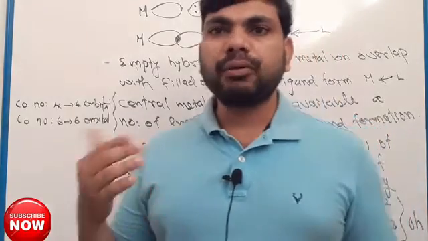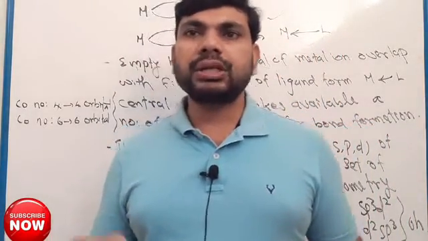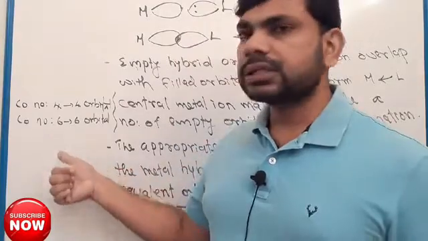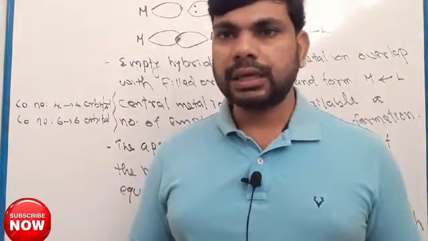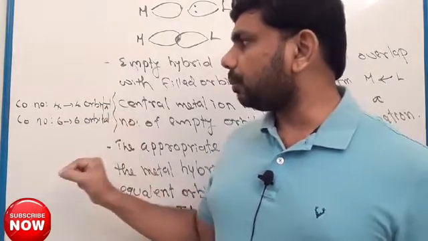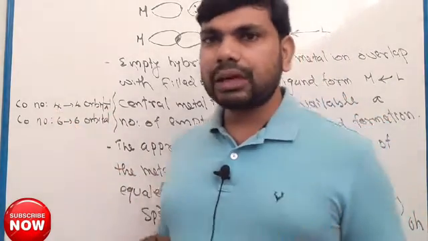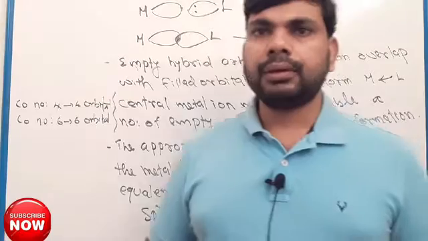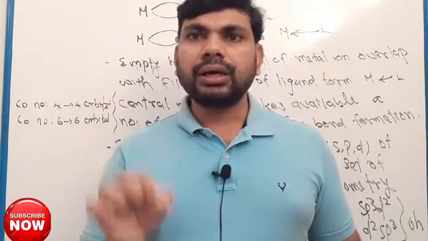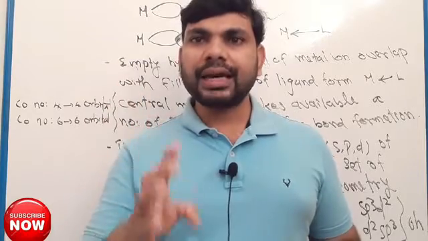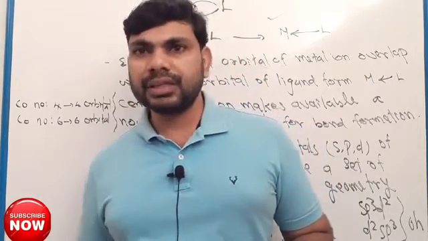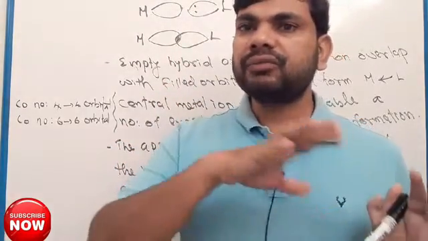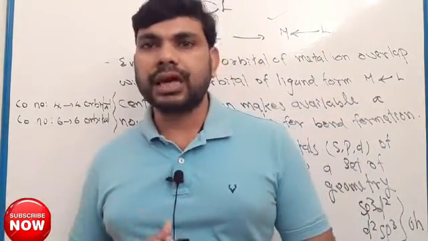Coordination number 4 will be square planar or tetrahedral, and coordination number 6 means an octahedral complex. With coordination number 4, the central metal atom makes available 4 empty orbitals, meaning 4 ligands attach to the central metal atom, so 4 different ligands make bonds with it.